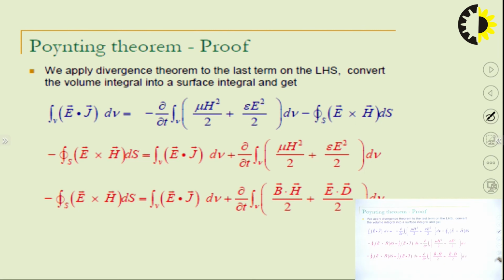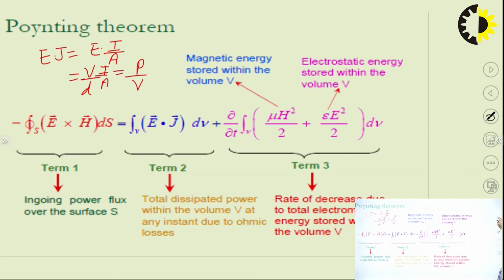So quickly, let's once again explain the physical significance of various terms which have been included in this derivation. So the first term, E cross H, that represents the ingoing power flux over the surface area S, which is represented by Poynting vector, and E dot J, this represents the total dissipated power within a volume V, or the loss of power, and mu H square by 2 and epsilon E square by 2, they represent the magnetic energy and electrostatic energy respectively.